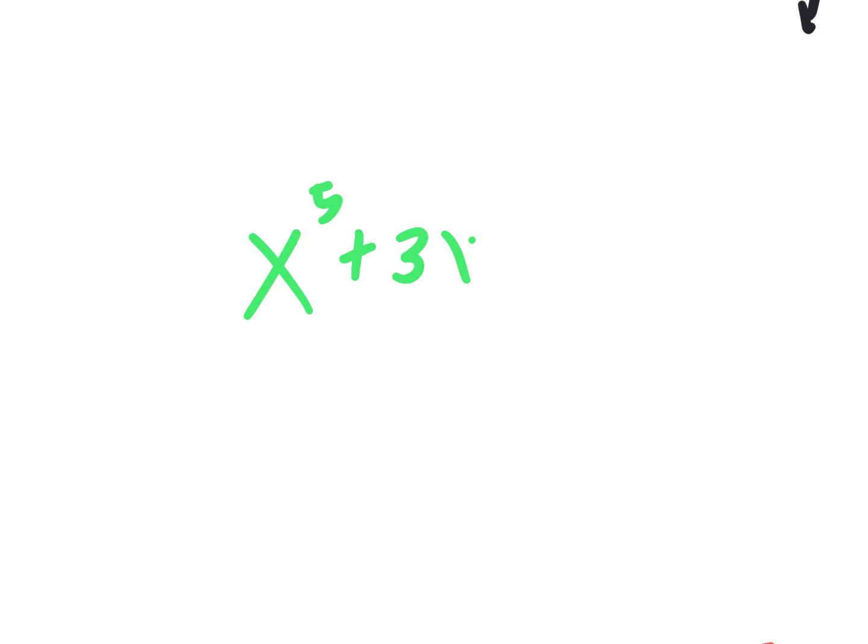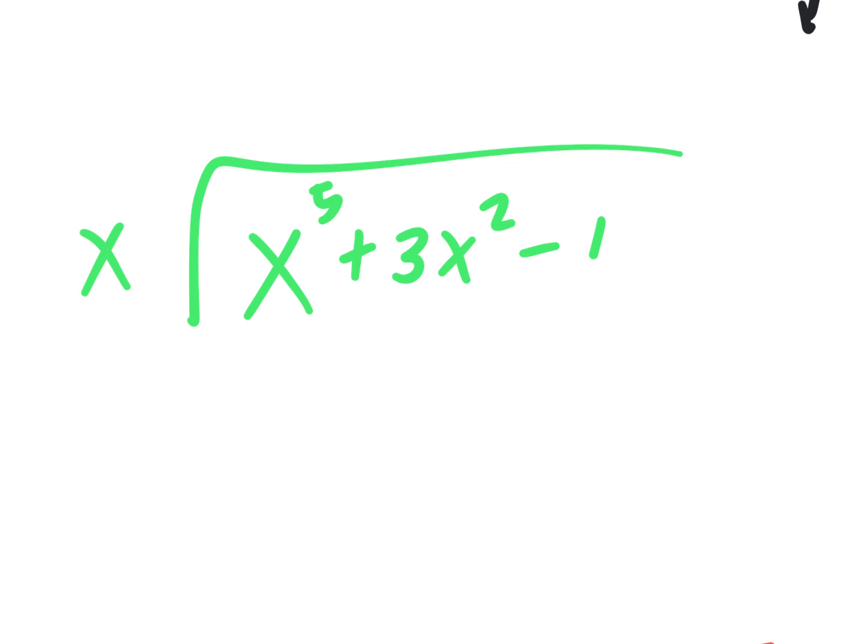Long division when it doesn't work out nice. x to the 5th plus 3x squared minus 1, when divided by, let's keep it somewhat simple, just x. What's the remainder when you do that?